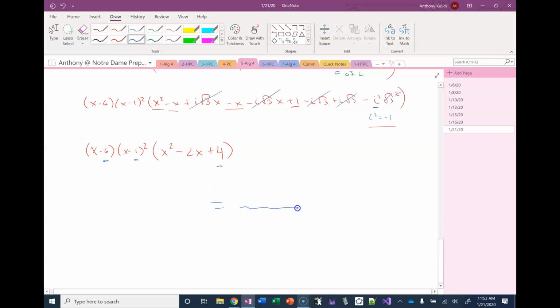Right now, this ends with whatever, and then it's like plus 24. I need it to end with whatever times something x, right? So what can I do to the polynomial we have so that we end with something x?